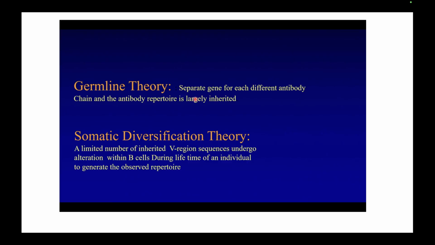In the germline theory, there are separate genes for each different antibody chain, and the antibody repertoire is largely inherited. There is also the somatic diversification theory: a limited number of inherited V region sequences undergo alteration within the B cell during the lifetime of an individual to generate the observed repertoire.